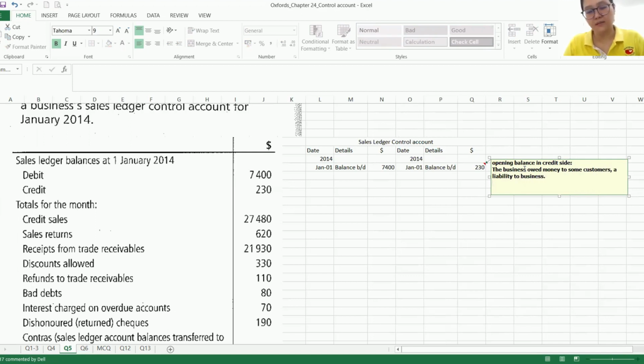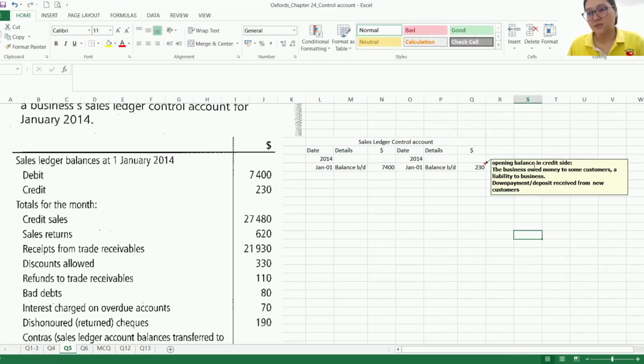Why does this happen? Maybe it's a down payment or deposit received from a new customer. If you have a customer who cheats and doesn't pay you, you get them to pay a deposit before delivering the goods. This could be the reason. In the exam sometimes they will ask you.